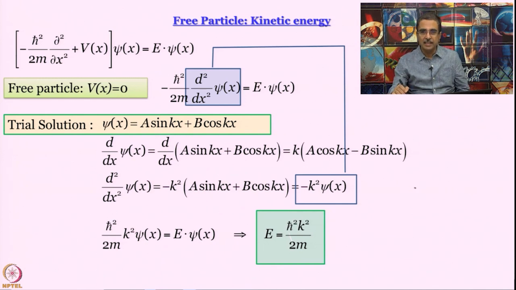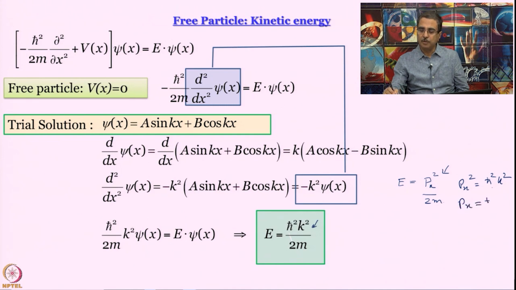So I can write another expression here. I know that if it is kinetic energy, then what is the relationship between kinetic energy and say linear momentum? I will write Px here because the motion is only along x. So E is equal to Px square by 2m, we know that. So if I compare this expression and this expression, then what will I get? 2m in the denominator. So Px square turns out to be h cross square k square, and so well, what is Px then?